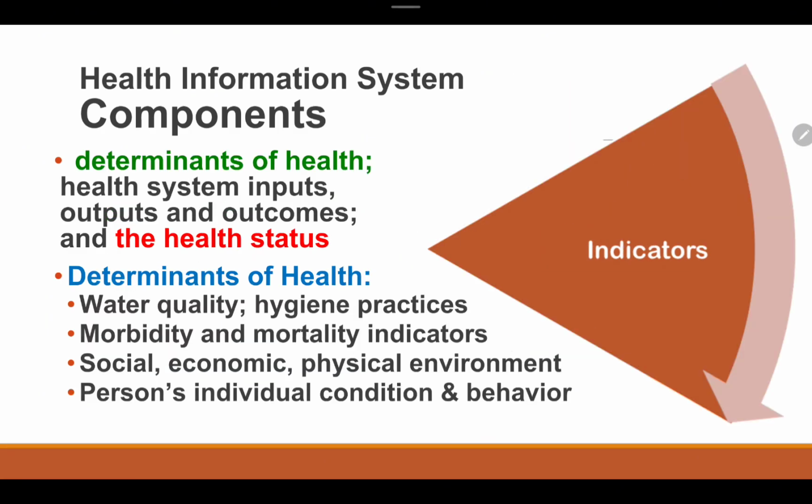Okay? So, let's talk about the indicators. These are the different determinants of health, system inputs, outputs, and outcomes, and the health status. The determinants of health include water quality, hygiene practices, morbidity and mortality indicators, social, economic, and physiological environment, a person's individual condition, and behavior. The basis of the HIS plan and strategy includes indicators and related targets, such as determinants of the health system: the inputs, outputs, and outcomes.